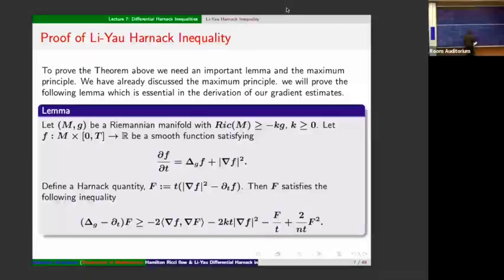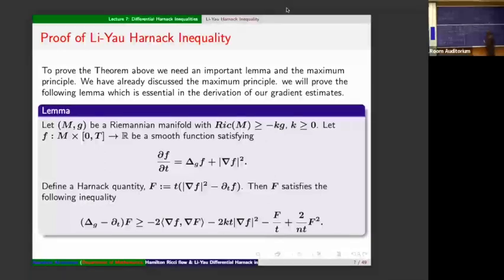Based on this, it should be greater or equals to this. At the maximum point, the gradient of this will be 0, so this term is 0, which is greater than 2 over nt f at x naught, t naught minus n over 2.